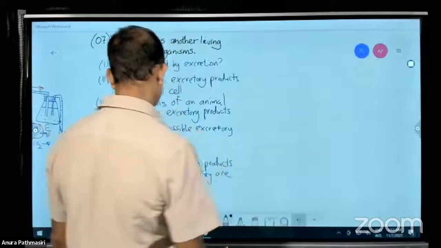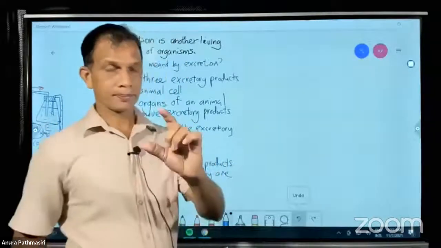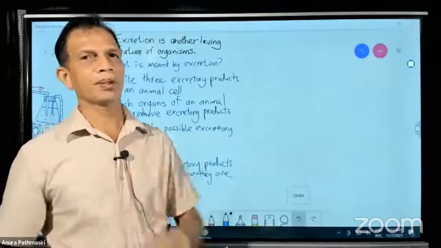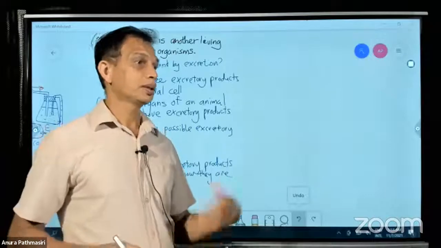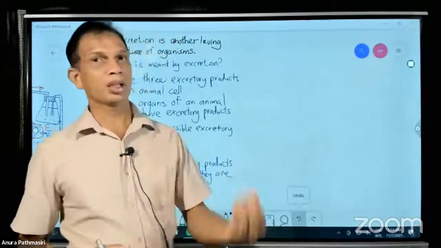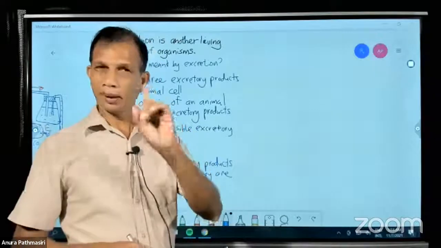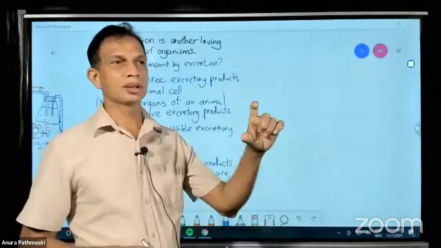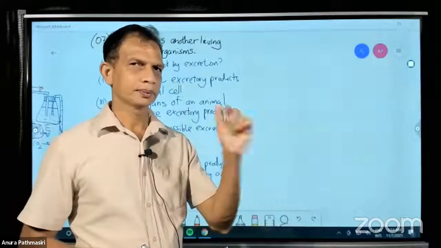Your answer is wrong. Fecal matter has some excretory product. What is it? It is what gives the yellowish color to the fecal matter, which comes from the bile. And bile is produced inside the living cells of the liver, right?